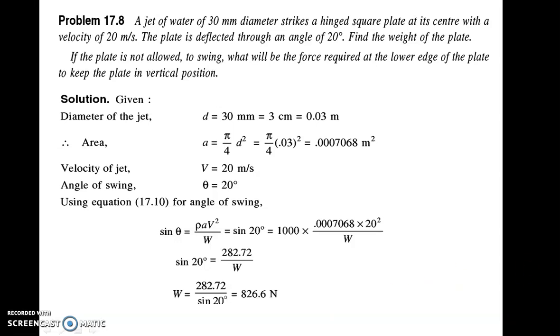Next, once the jet is striking the plate, the plate is going to swing through that angle theta. But what will happen if you are not allowing that plate to swing? So you are applying some force at the edge of the plate, not allowing the plate to swing. What will be the amount of force to stop the plate from moving?